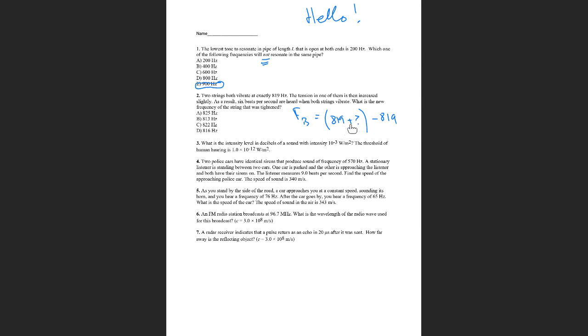the higher frequency. The frequency of the string that's been tightened is this, and this is the other one. And when they play at the same time, you get the difference, as I've written here. So the beat frequency, and that would tell us that is 6. So question mark equals 6. So therefore, the frequency of the higher one is 819 plus 6.